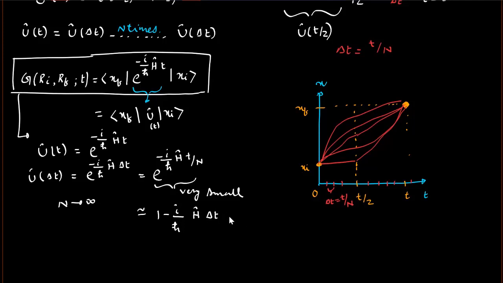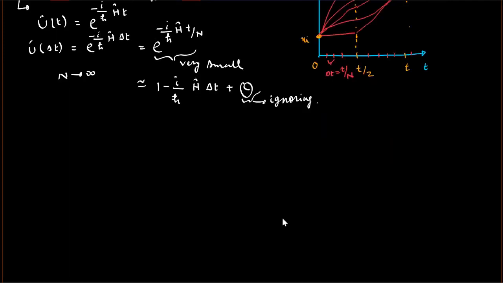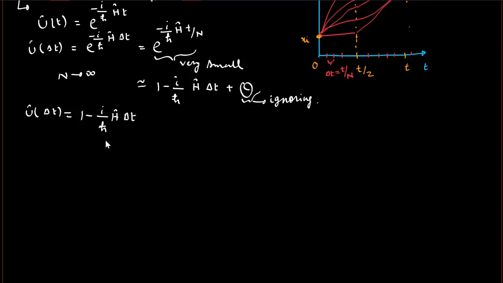Okay, and here we have ignored the higher order terms. Now we have the expression for U of delta t as 1 minus i by h cross into Hamiltonian delta t.